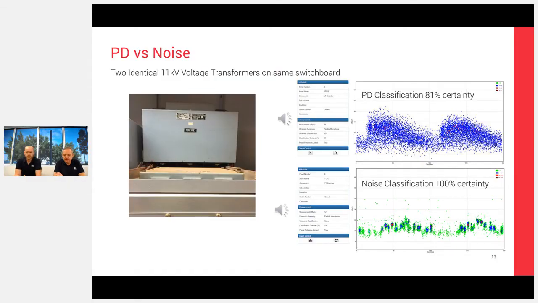So an example for you of what you may find. In this particular slide here, we've got rackable voltage transformers on some 11 kV switchgear. In the particular board that we're testing, we found two sources of ultrasonic activity on two voltage transformers, just 2 panels away from each other.